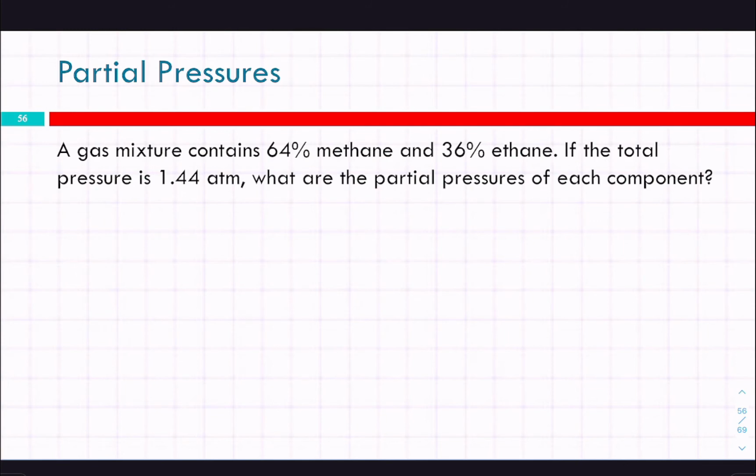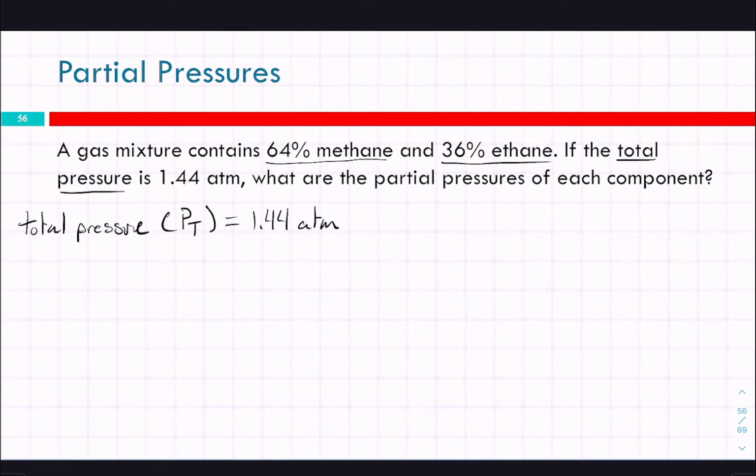Okay, so if we have a gas mixture containing 64% methane, 36% ethane, and the total pressure, which I'll abbreviate as P sub T, is 1.44 atmospheres, what are the partial pressures of each component?